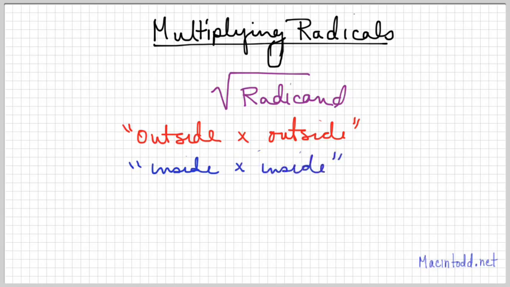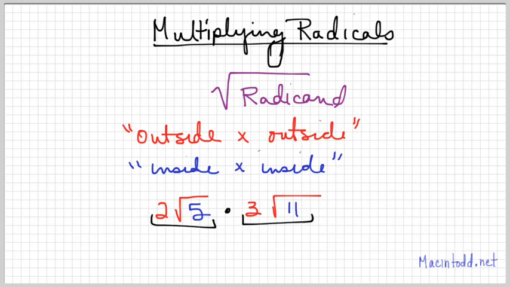And what that means, if I write some square roots here, let's write 2 root 5. We'll take that times 3 root 11. So I'm multiplying this radical times this radical.